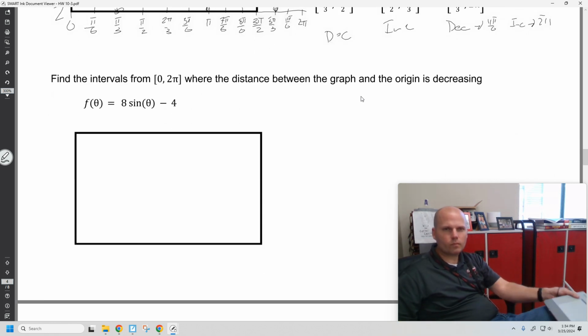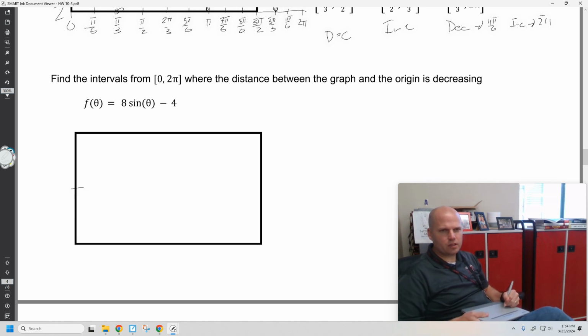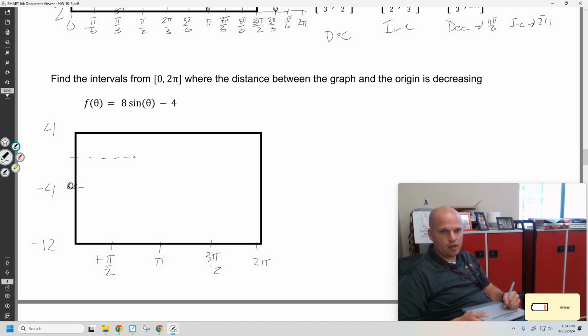Okay, where's the distance decreasing? We shift down 4. This is tricky. We are up 8. This is a tricky graph because we're starting at a negative radius. We're going to a radius that's 0. So we have to find the zeros, not 0, it's the midline.